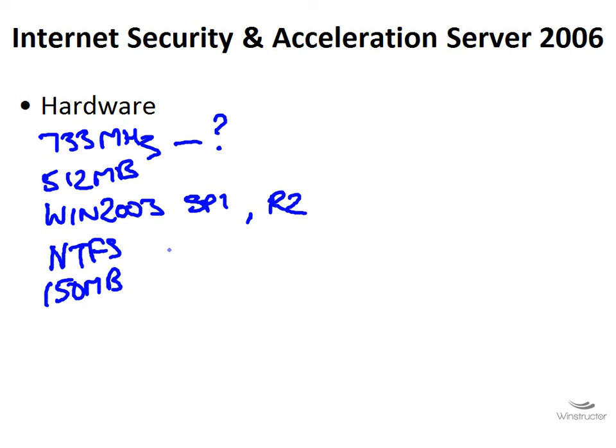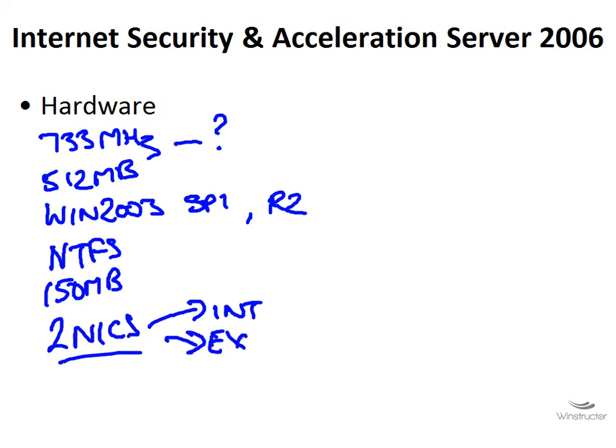Now, anything new really is going to be a pretty good ISA server, as even the lowest spec new machine is going to totally blow these minimums out of the water. So at least as far as hardware goes, anything that's been purchased in the last couple of years should absolutely flog these minimums.